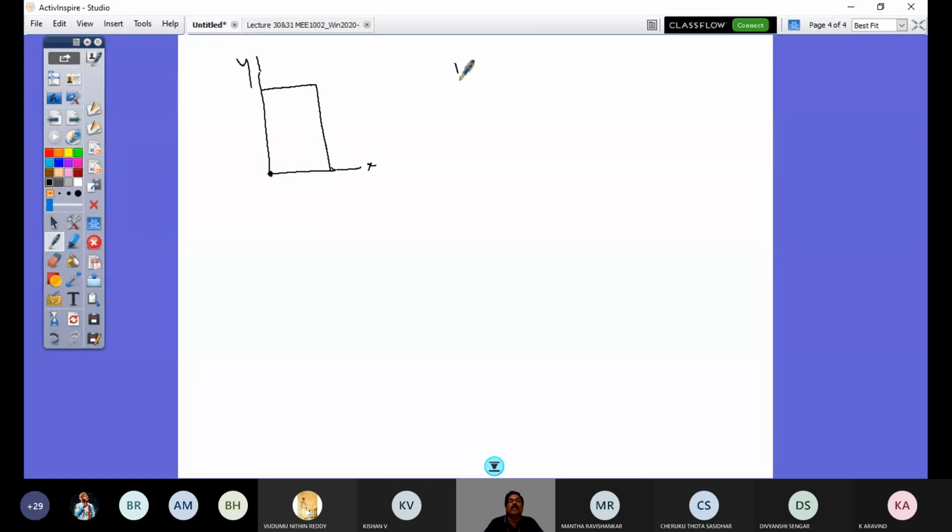I know that Ix, if this is B and this is D, is Ixg plus dy square into area. So it is BD cube by 12 plus D by 2 square into BD. So I have BD cube by 3 as my Ix.